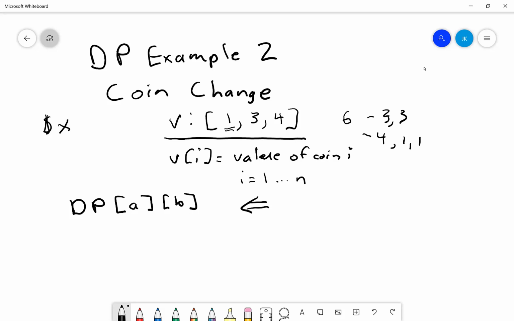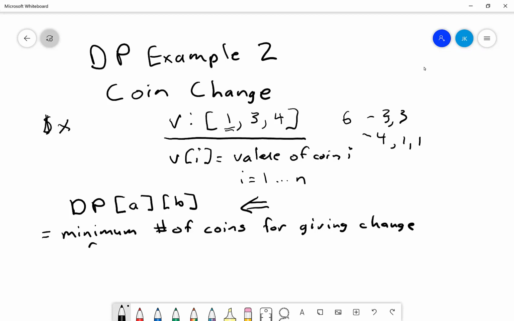So I'm going to have 2 parameters, a and b. And so in this case, I will say that dp of a and b is going to be the minimum number of coins for giving change for $a.